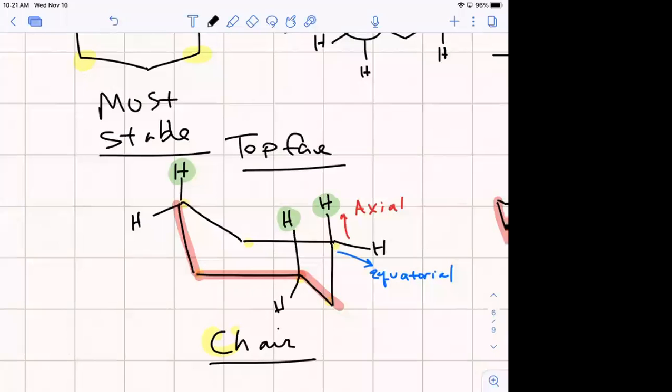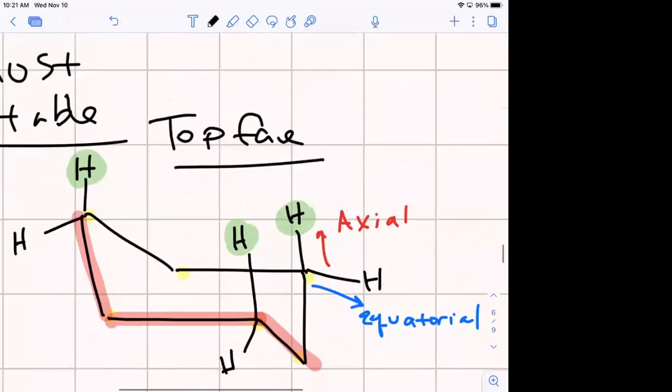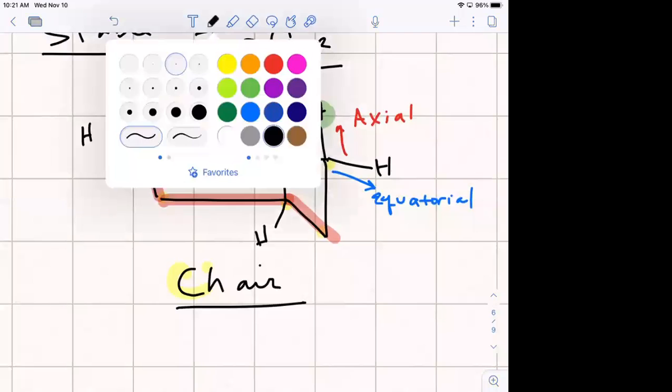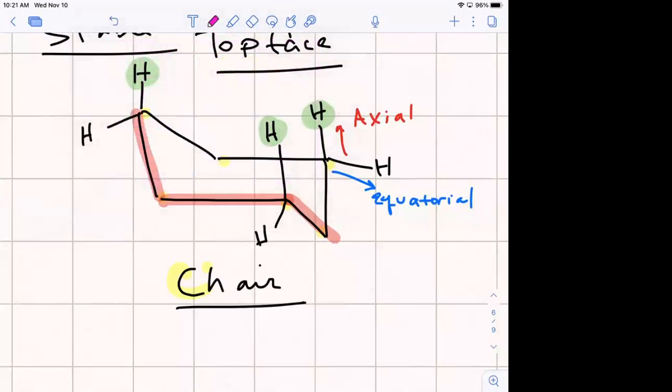It's very important to understand that these chairs have a surface. You have a top surface and a bottom surface. On the bottom surface, we can put those hydrogens in too. I'm going to draw them in a different color. So this is going to be axial, that's axial, and that's axial, right? Because every one of the carbons has to have 2 hydrogens on it.